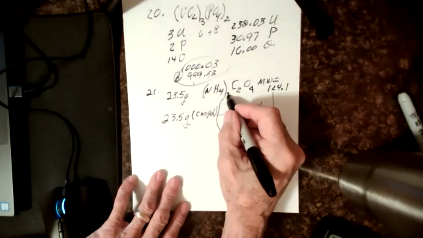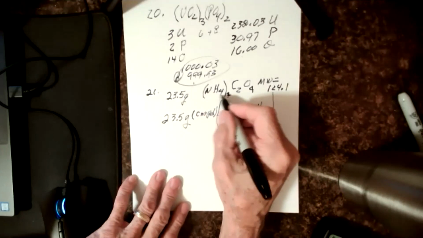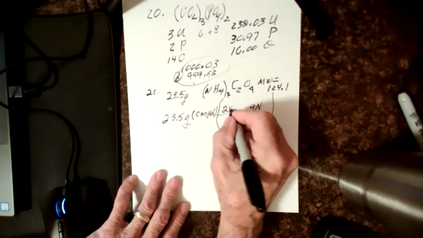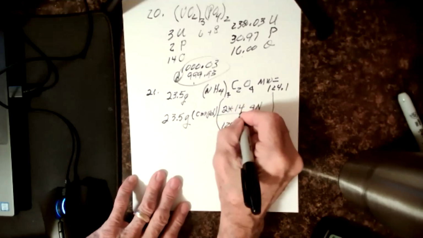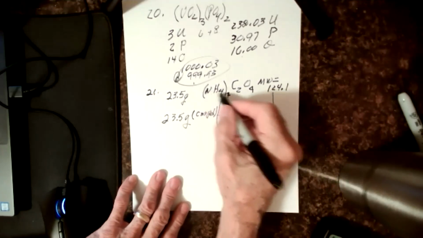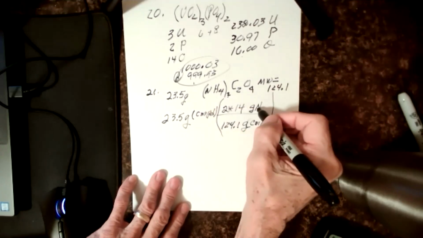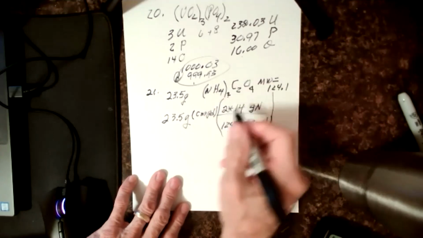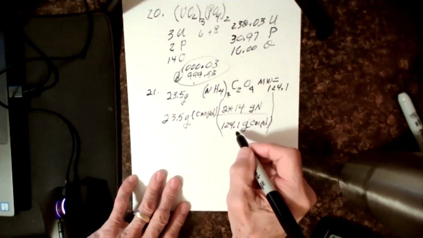How many moles of nitrogen would that be? 2. So the grams of nitrogen would be 2 times 14. So 2 times 14 grams of nitrogen is the same sample that weighs 124.1 grams.